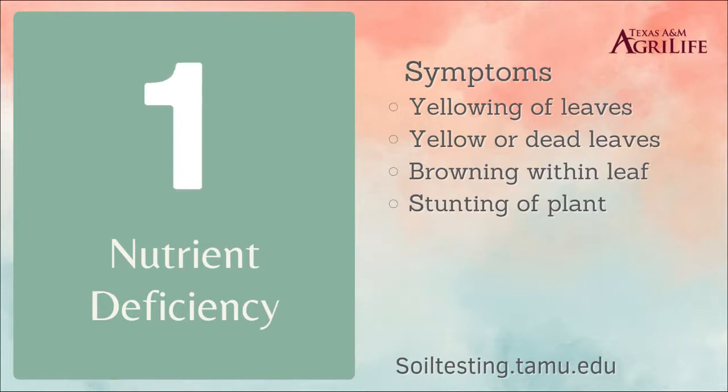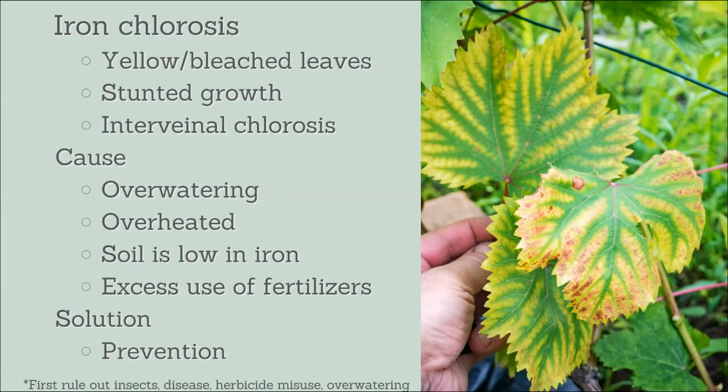So yellowing of parts or all of the leaf, or even yellow or dead leaves, browning within the leaf, or even browning along the margins like we saw, and stunting. So if you notice a plant just isn't growing as it should, maybe it's not dying, but it's not growing, then there's some kind of stunting happening.